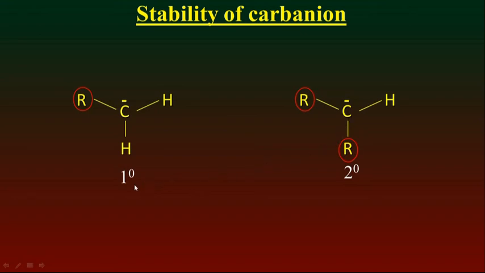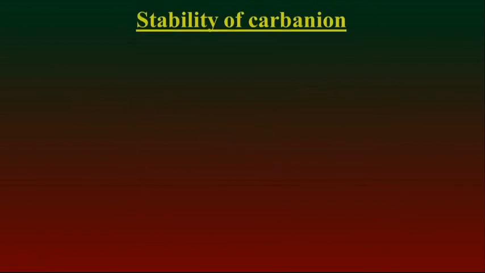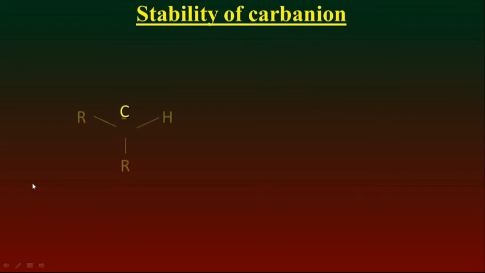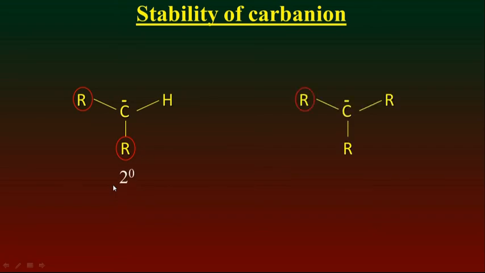So when we compare these, we say that the 1 degree carbanion is more stable than the 2 degree carbanion. In a similar way, the 2 degree carbanion is more stable than the 3 degree carbanion, because the 2 degree carbanion contains 2 alkyl groups, and the 3 degree carbanion contains 3 alkyl groups.